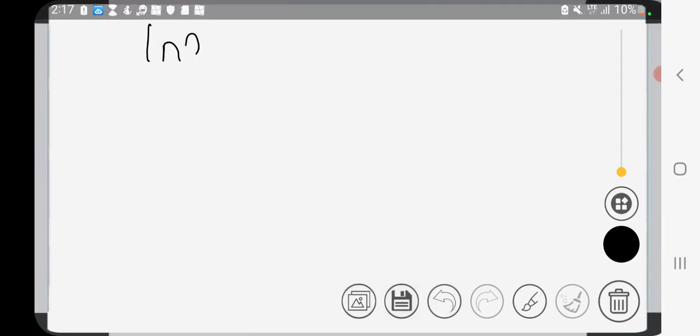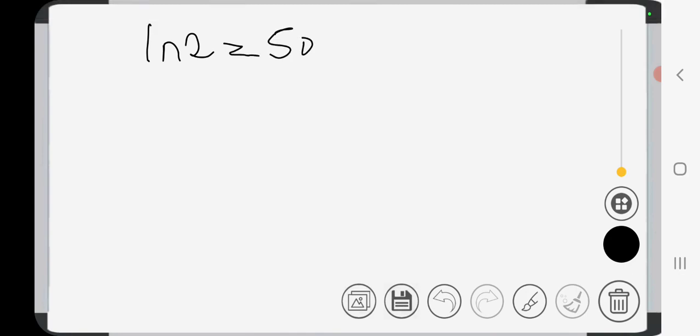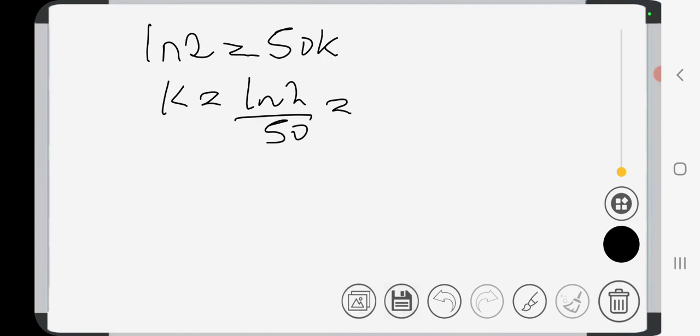So from ln 2 is equal to 50k, we divide both sides by 50. So k will now be ln 2 divided by 50. The constant of proportionality is now 0.0138625.